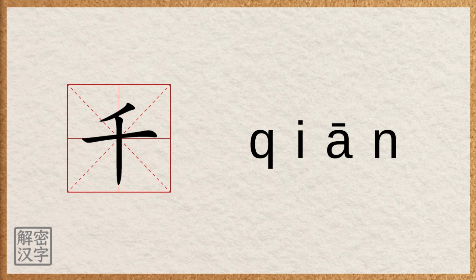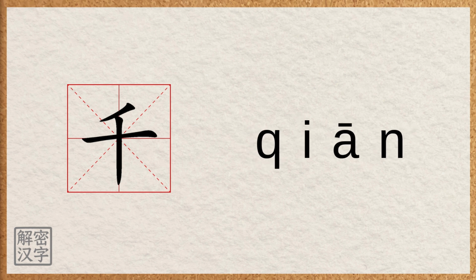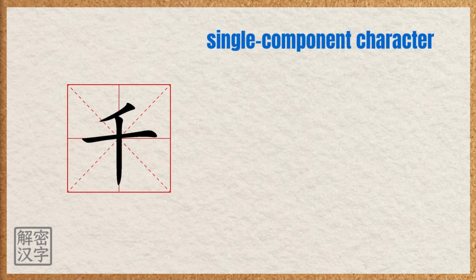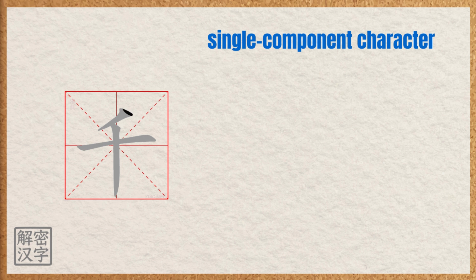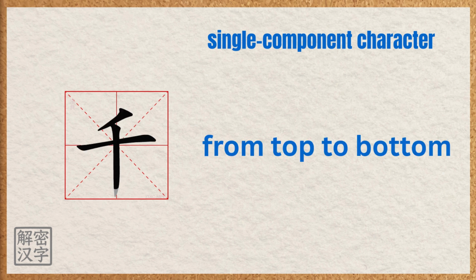千 qian. The character qian is a single component made of three strokes: a left falling stroke, a horizontal stroke, and a vertical stroke. When we write the character qian, we follow the rule of writing from top to bottom.